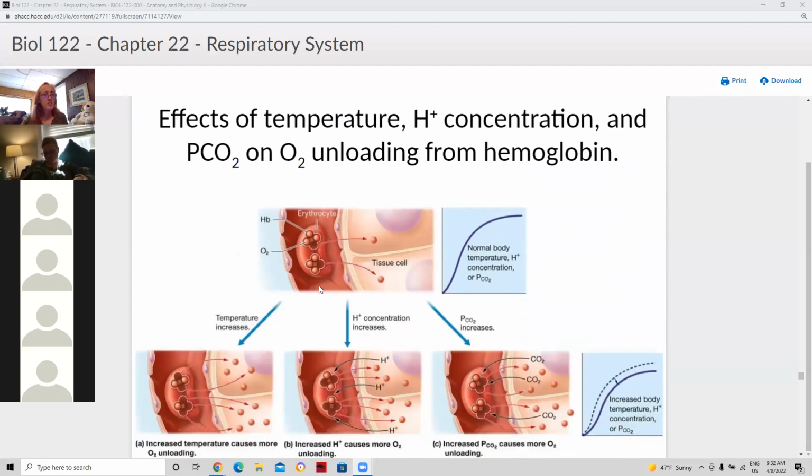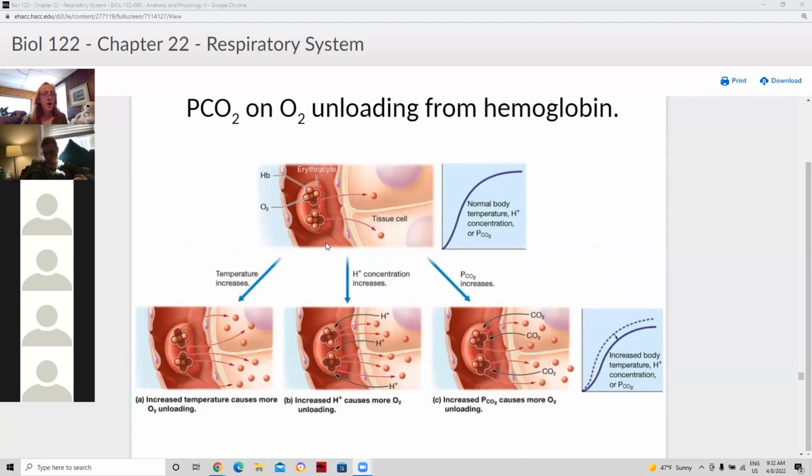So the effects of temperature, partial pressure of carbon dioxide on oxygen unloading from hemoglobin. Increased temperature causes more oxygen unloading. Remember, this means that the curve is shifting to the right.